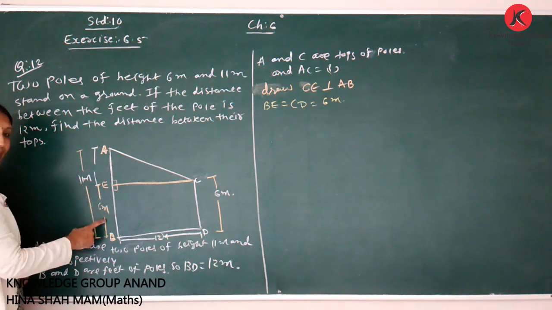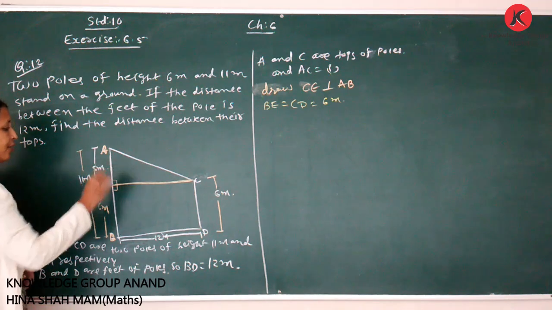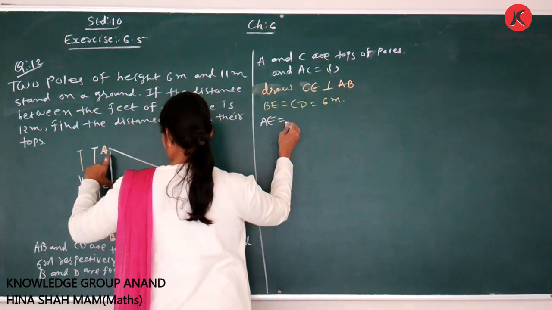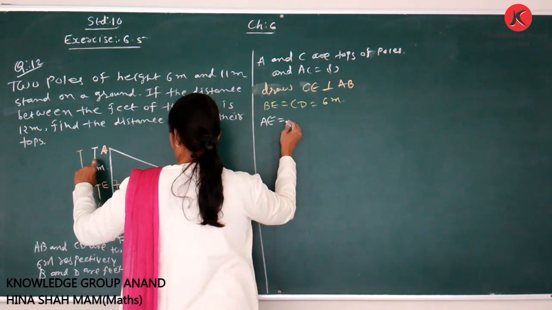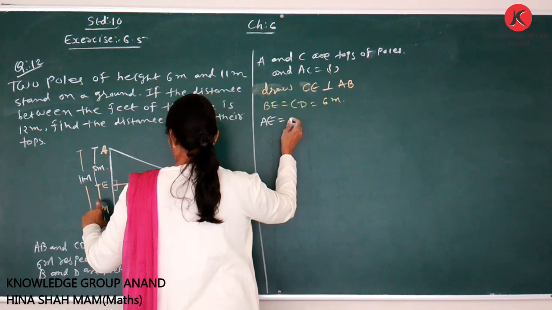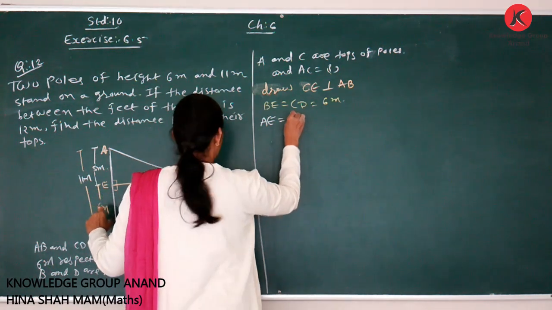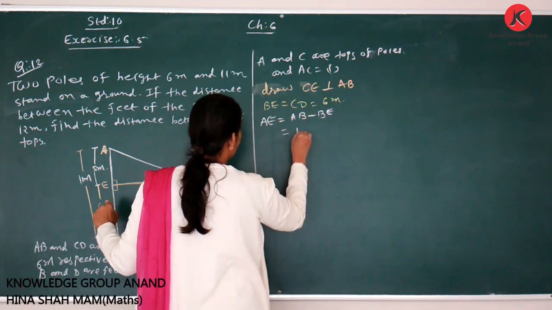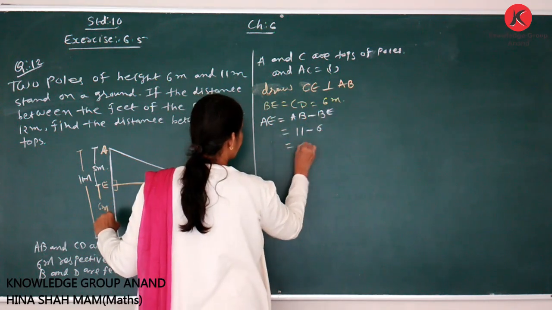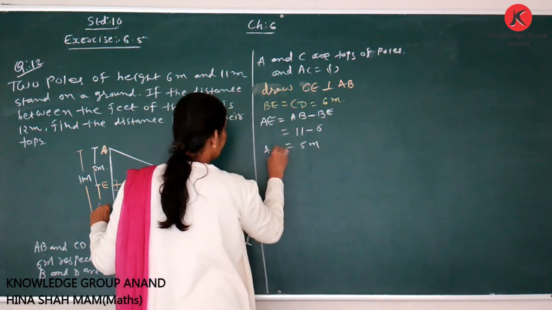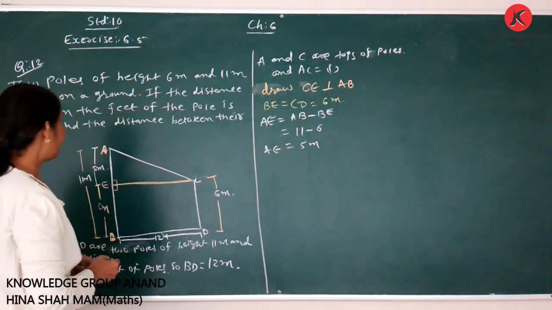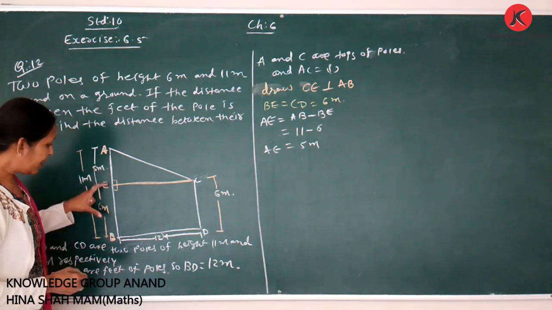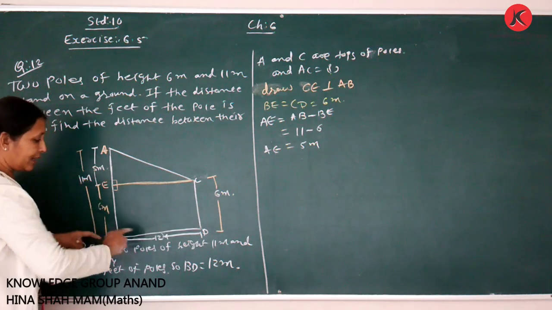Then how much? 11 minus 6 is equal to 5 meter. AE is equal to 5 meter. Clear?